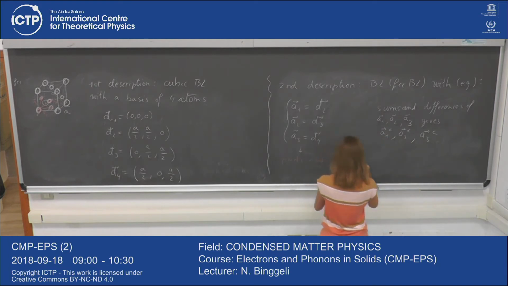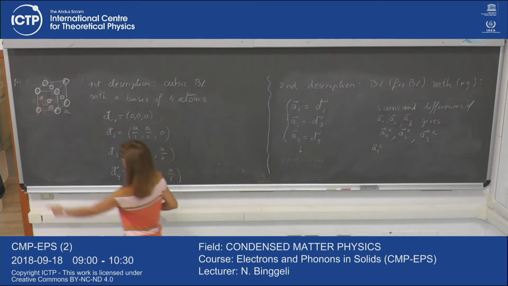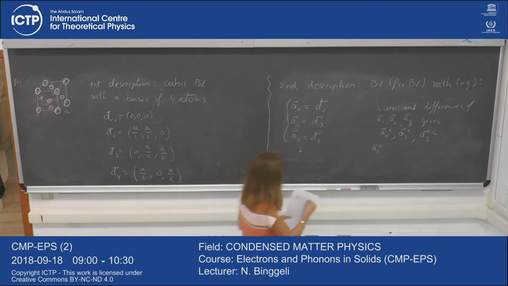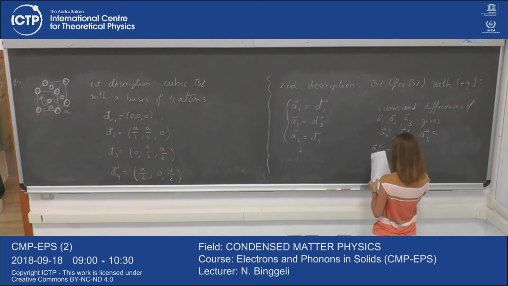So, for instance, A1 cubic, that is the vector that would go from here to here, I can obtain just as A1 plus A3 minus A2.